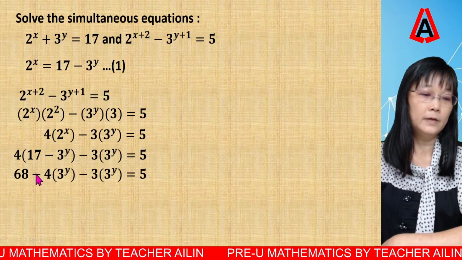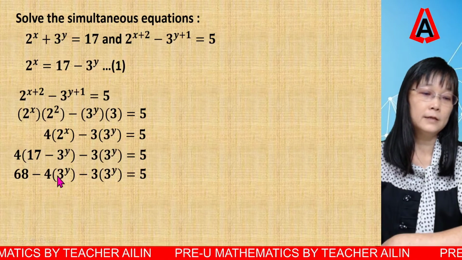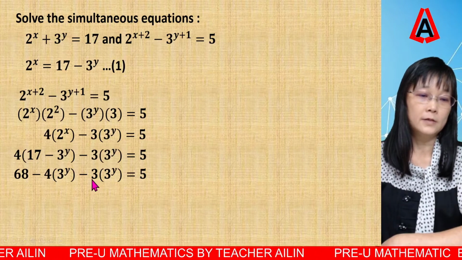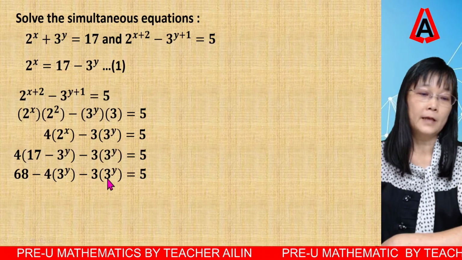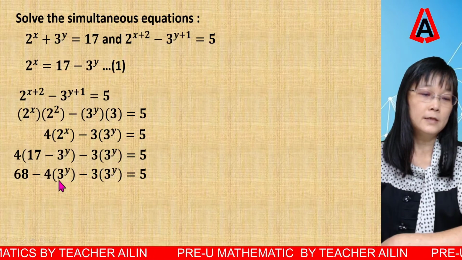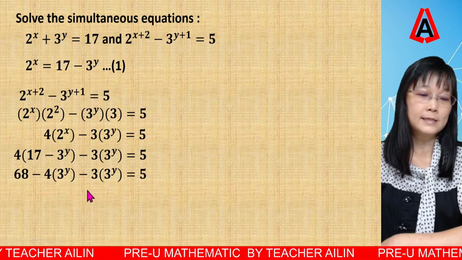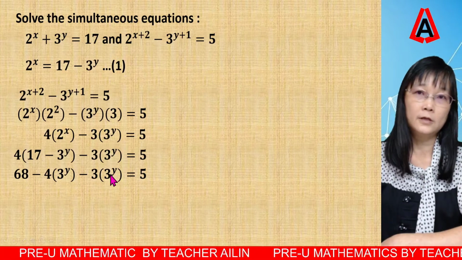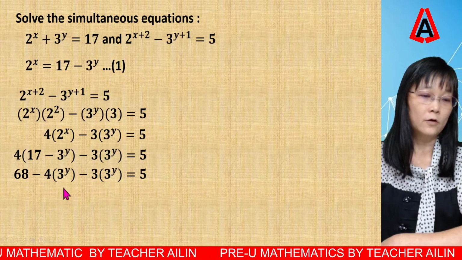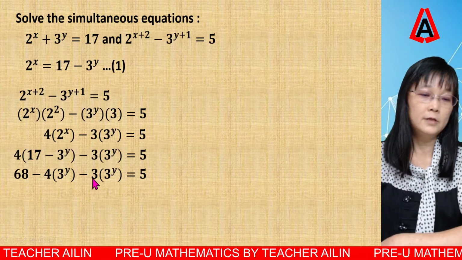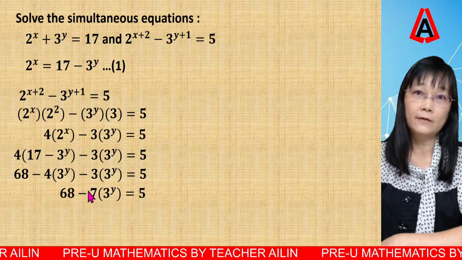So we can simply write negative 4 times 3 power y, and this one is negative 3 times 3 power y. Now it seems that this is the same term, that is 3 power y. So we can combine these two terms, negative 4, negative 3 becomes negative 7.